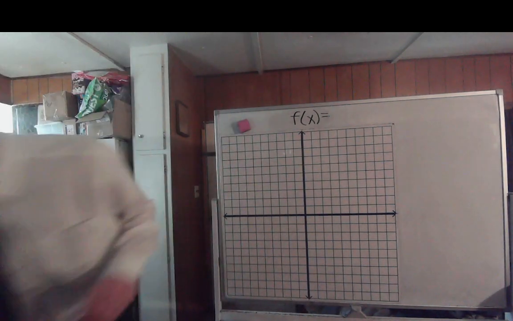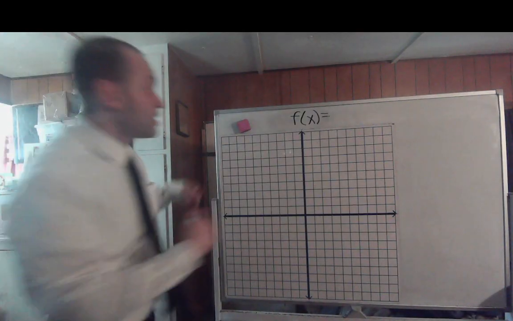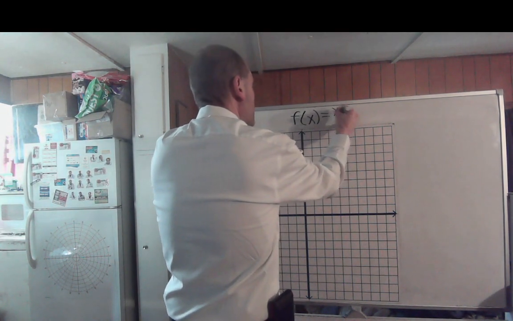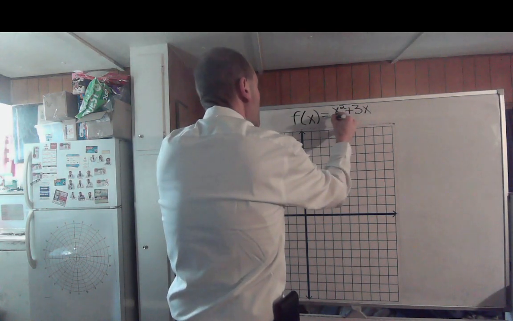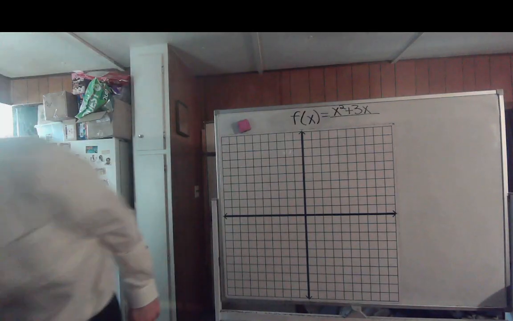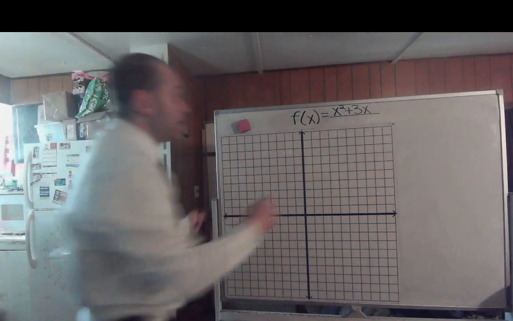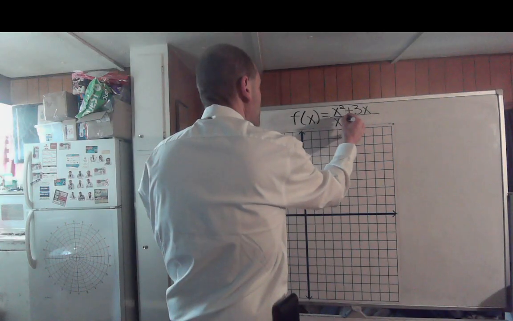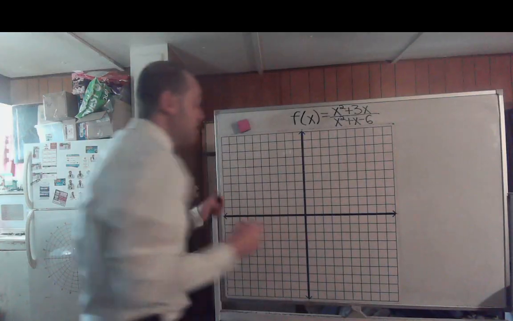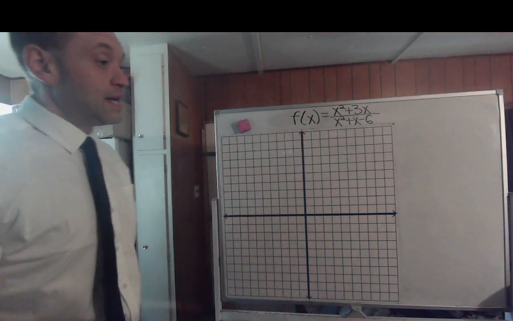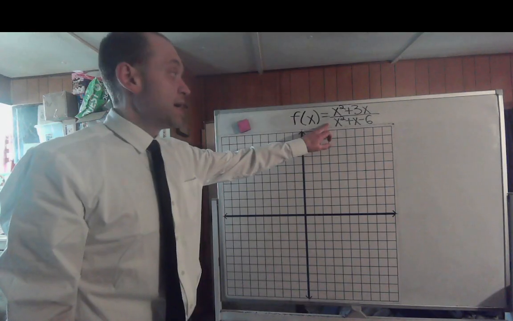Let's say we have f of x equals x squared plus 3x all over x squared plus x minus 6. Well, it looks like they're the same degree, right?